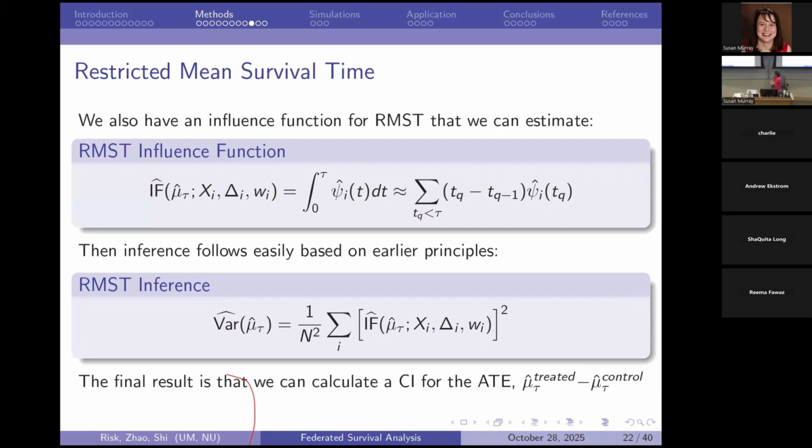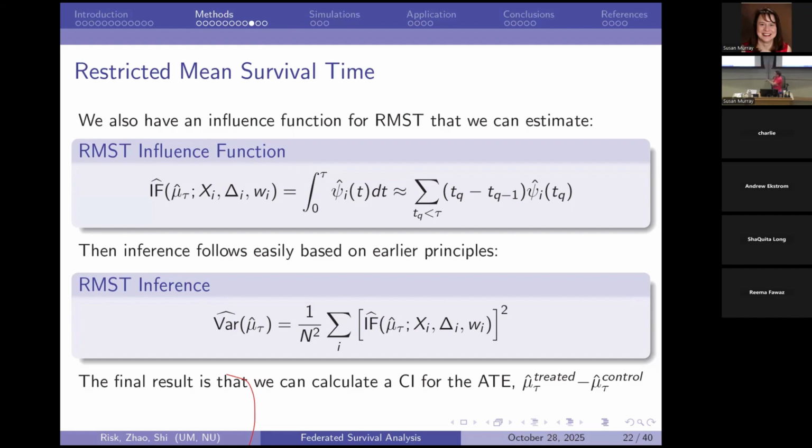And so that's something that we can estimate basically just using the trapezoid method based on the influence function values that we already calculated for those individuals in order to update the curve. And then inference is going to follow relatively easily based on the earlier principles.